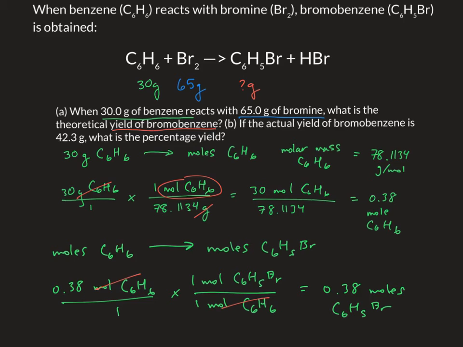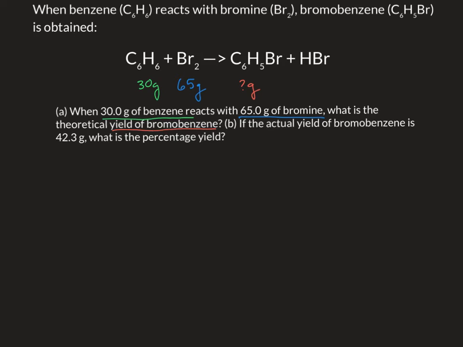That was just for our benzene. Now we need to do the same thing for our bromine. I'm going to erase this, and then we'll start off with our bromine. Same thing, guys.